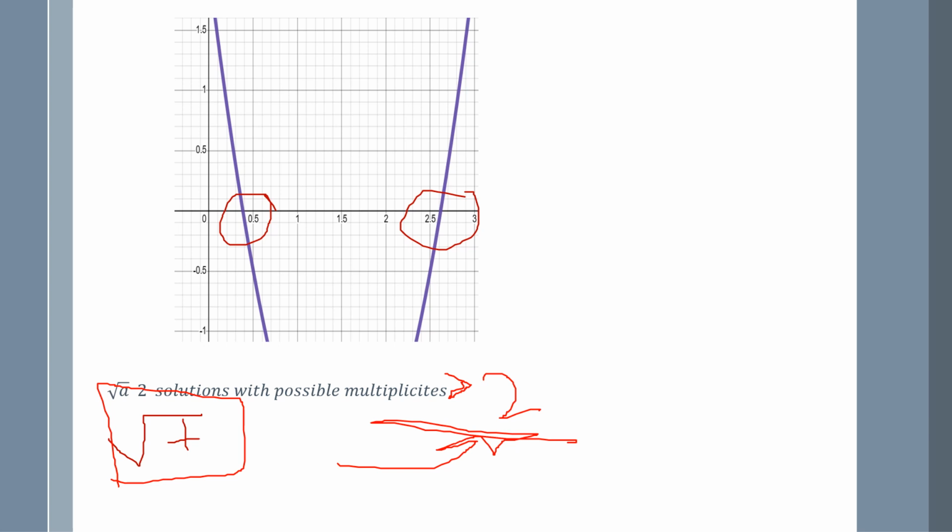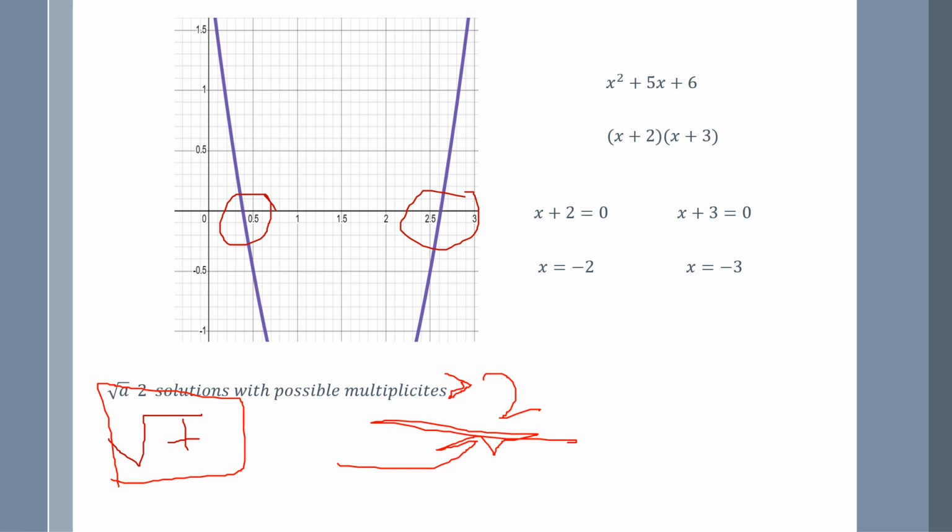For example, this equation, this particular quadratic is going to be a little bit different because when you solve these two, you have two distinct answers.